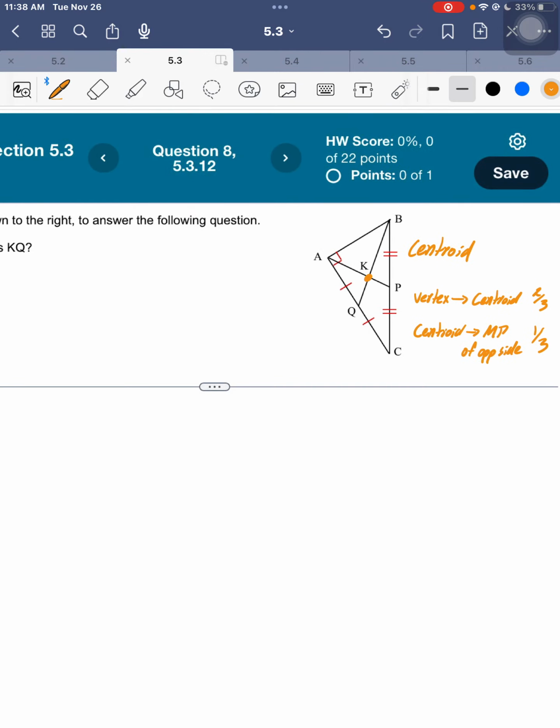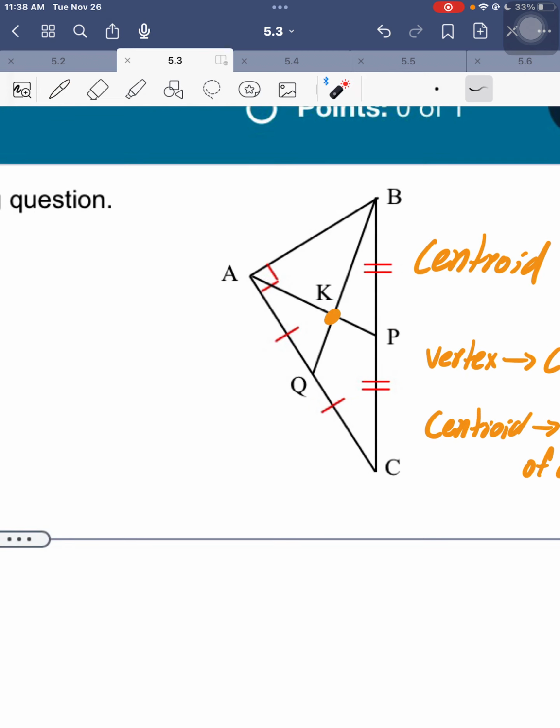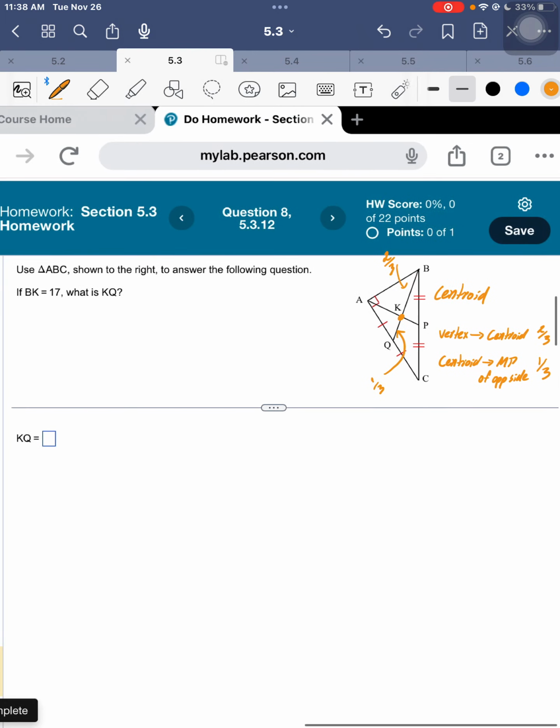So now let's see what's up with this. Now I know that from my vertex to the centroid is 2/3, and from my centroid to the midpoint of the opposite side is 1/3. So now I'm going to go back and look at what's happening.